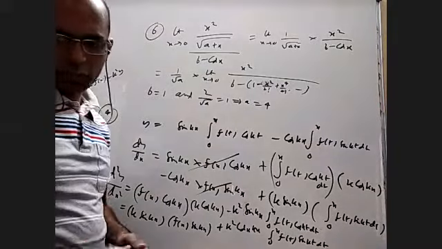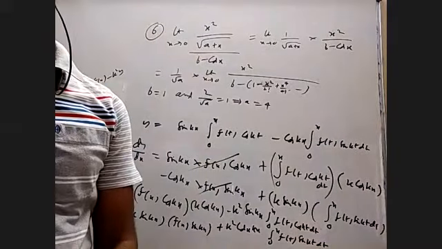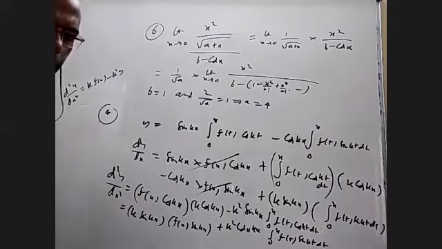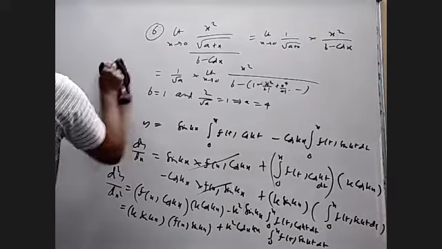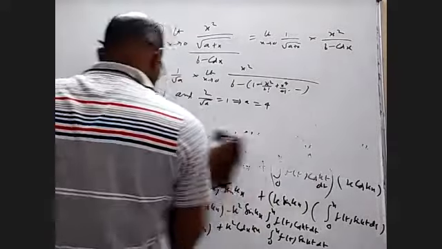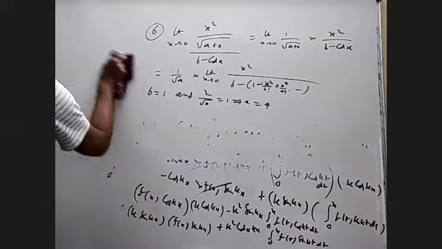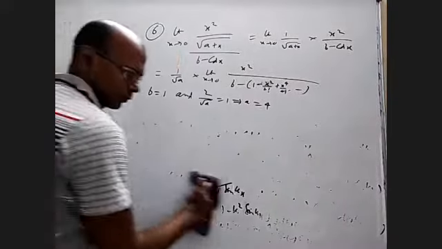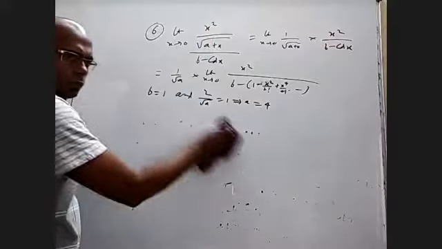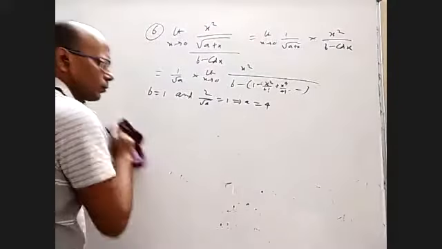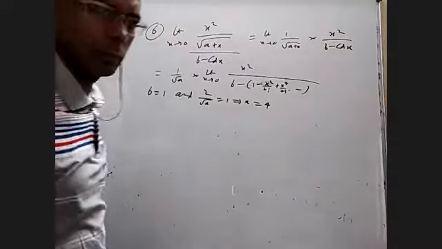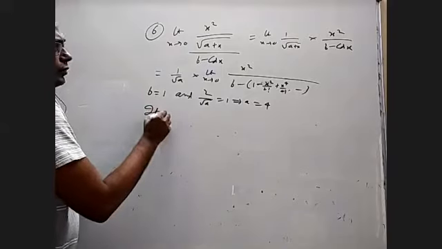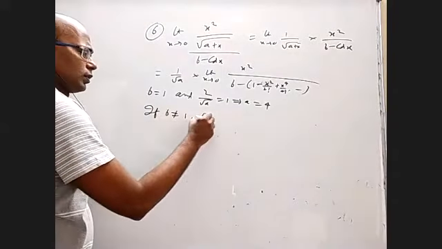The answer is the option A equal to 4, B equal to 1. 6-1 is A. Okay. If B is not equal to 1, limit will be 0.